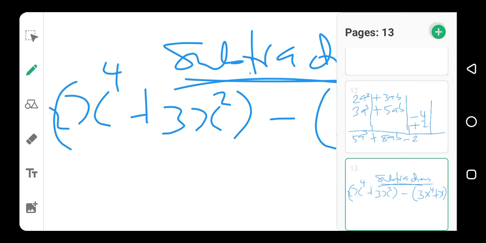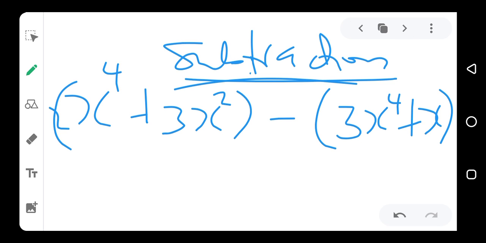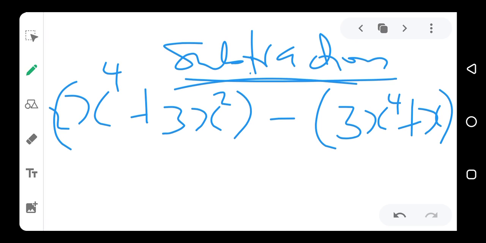Now we put the like terms under the same column and arrange them, then we subtract. So what we are going to have is, the first column, we have 2x raised to power 4. Any other one with the same variable and the same power, yes, 3x raised to power 4.